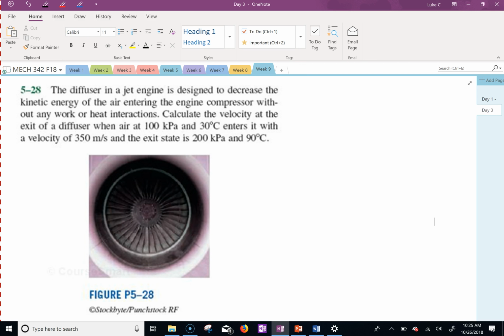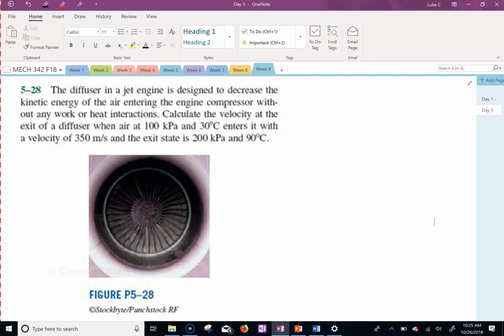Calculate the velocity at the exit of the diffuser when air at 100 kilopascals and 30 degrees C enters it with a velocity of 350 and exits at 290 degrees C. Why don't you set this problem up, write the first law, and we'll go from there.